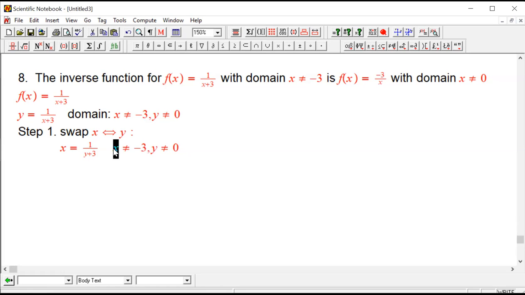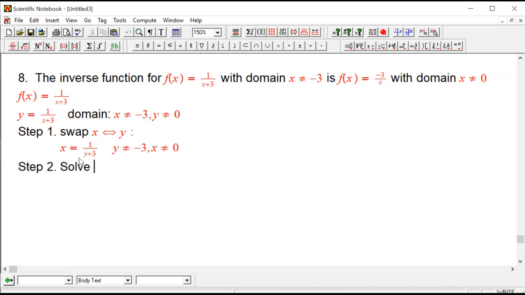Now x turned to y, so y cannot be equal to negative 3, and x cannot be 0. It's just a swap of symbols and a swap of domain and range. Always. You're going to see this pattern in the future for other functions as well, like exponential or logarithm functions. Same property, just different rules.